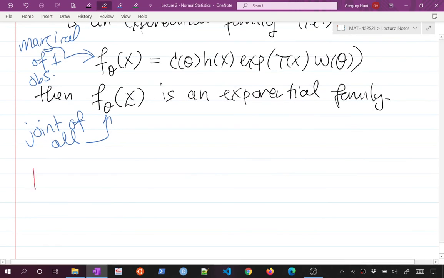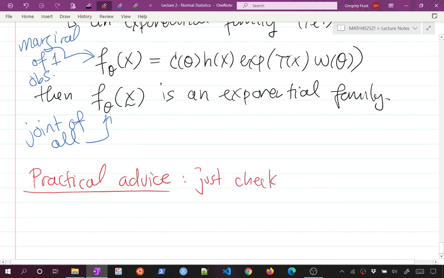Practical advice is that it's often easier to check just the univariate marginal than to actually form the whole joint and check it. So practical advice, just check the marginal of one observation.